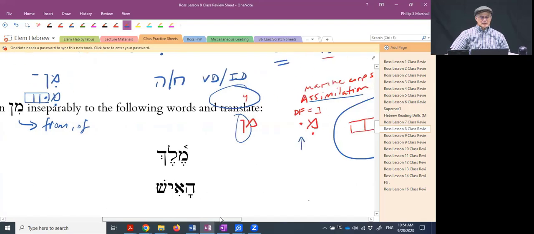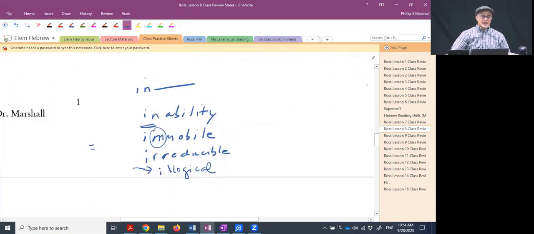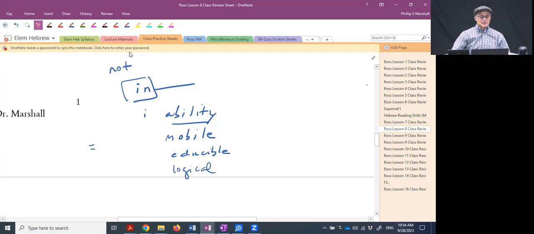So in our lesson, just by way of reminder, adding the prefix in in front of something means not, right? Inability, no ability. But what happens when we add the prefix in to words like mobile, reducible, and logical? Do I say something is inmobile?